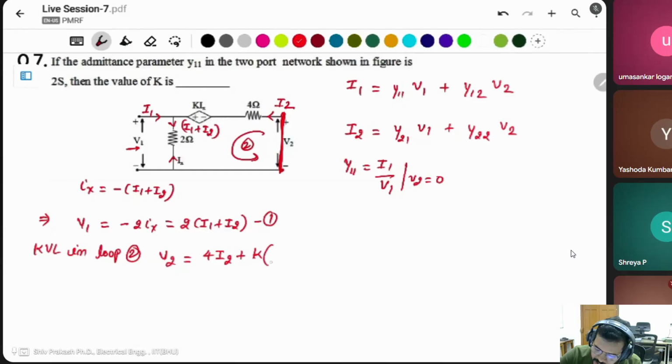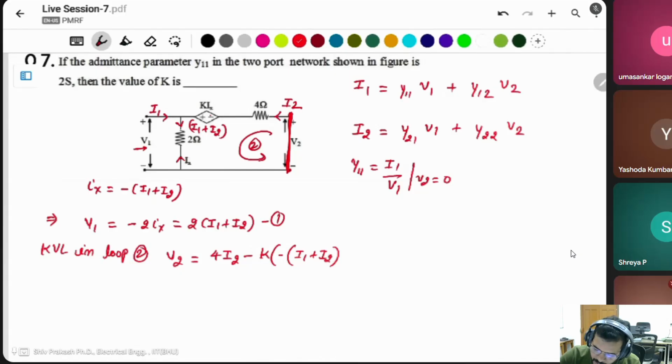Ix is negative of I1 plus I2. But this is negative, then this will also be negative. Then plus 2 times I1 plus I2.